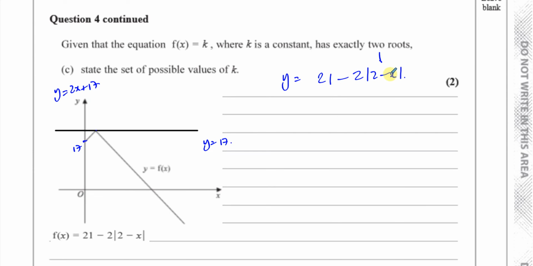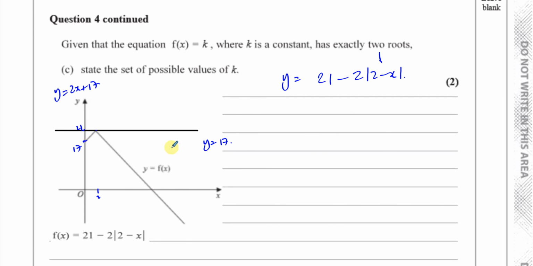When x is 2, this thing becomes 0. That's why this is x equals 2, and this is going to be 21. You have 21 minus 0, which is 21. So that's the highest it can ever reach, so this point here is definitely 21.